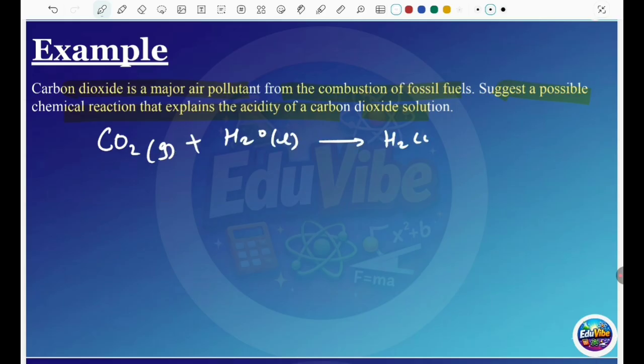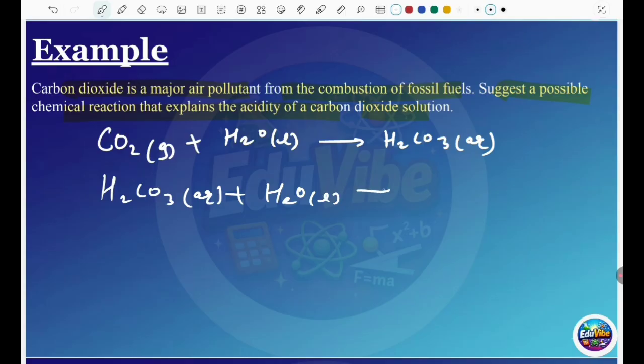We will get H2CO3 aqueous. Now this is the weak acid. So you have to get rid of the hydrogen and get the negative sign. This is a simple thing we did already in the examples with SO3. So you will get HCO3 negative plus the hydronium ion aqueous.